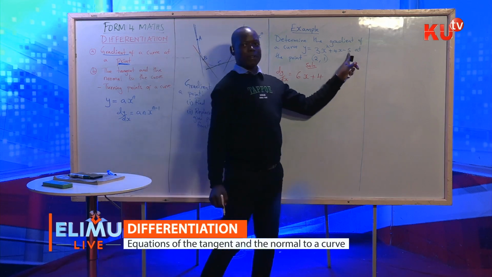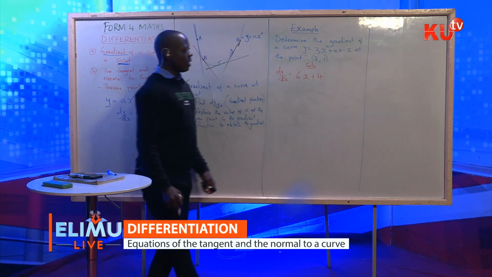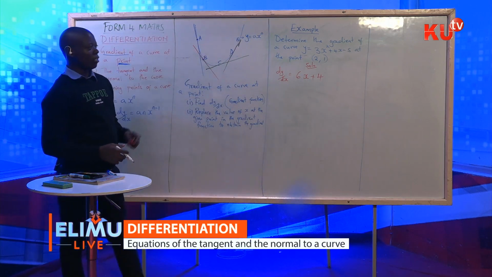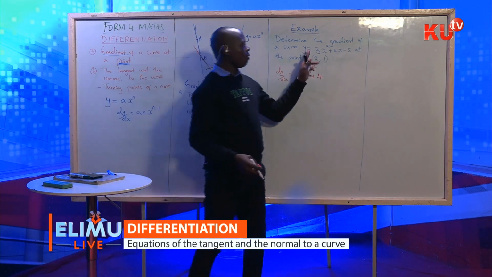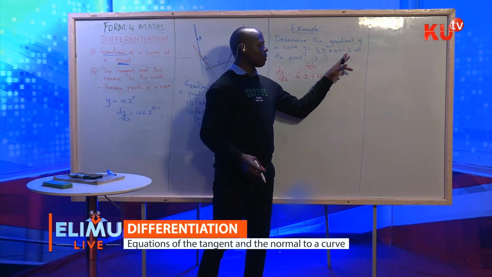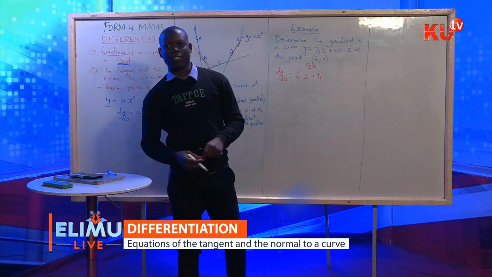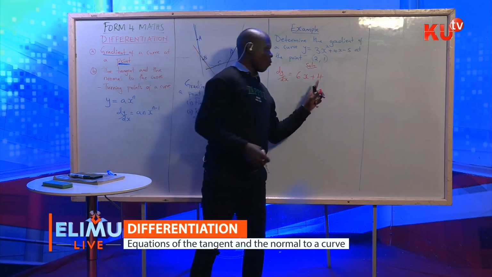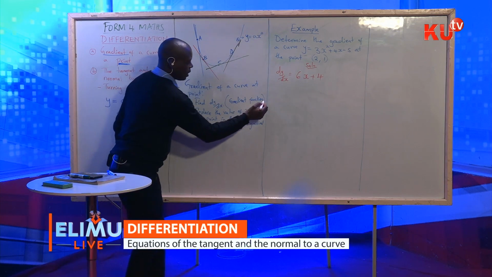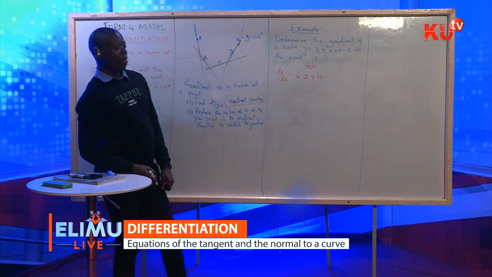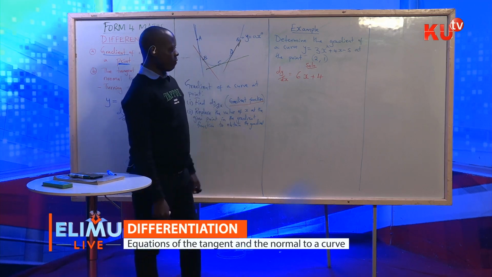What about negative 5? 0, yes. Whenever you differentiate a constant, students, you will always get 0. Therefore, our function differentiated gives us 6x plus 4. This is referred to as the gradient function.